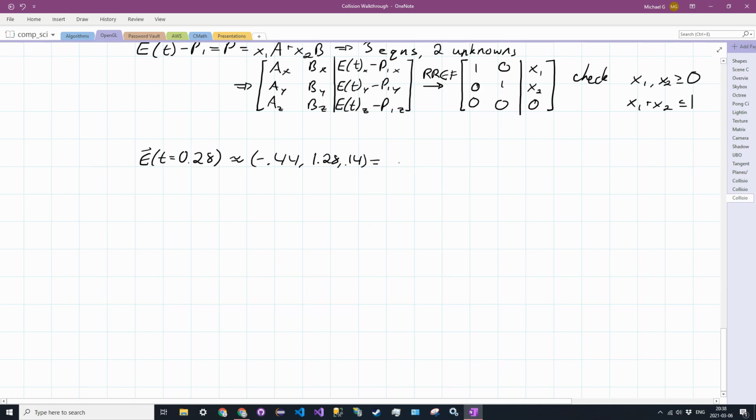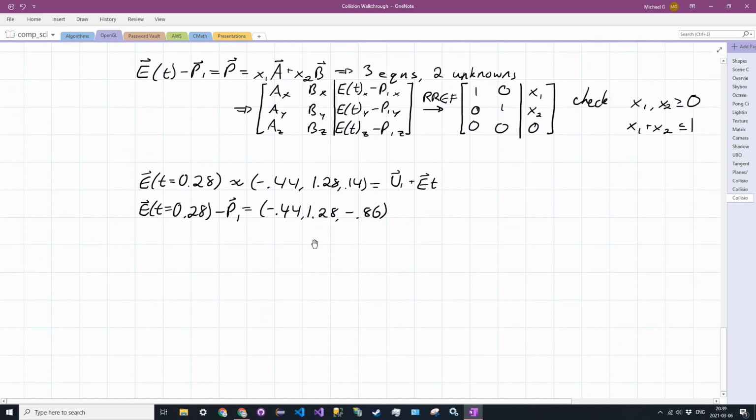And this is equal to u1 plus e times t. And then if we subtract the points, we're going to get negative 0.44, 1.28, minus 0.86.